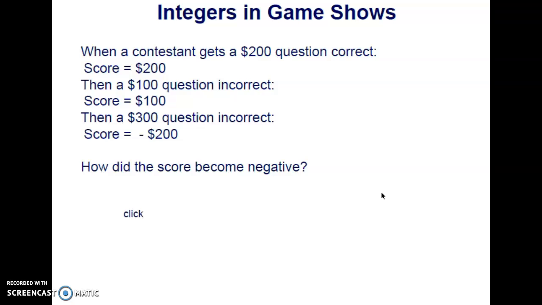Then a $300 question incorrect, the score would then become negative 200. How did the score become negative? Again, we started with a positive 100, and then we had a negative 300, and the distance of the two from 0 would be negative 200.